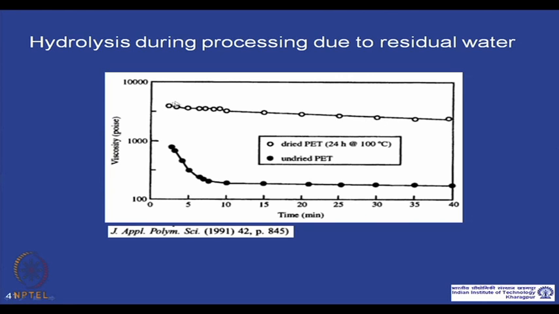The molecular weight drop, hence the viscosity drop, is less, whereas if we take an undried PET which has a significant amount of moisture, then it hydrolyzes very soon under that high temperature and high shear condition during processing. As a result, molecular weight drops and the viscosity of the sample also drops.